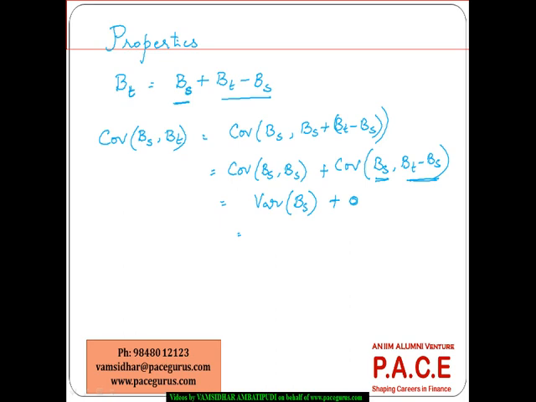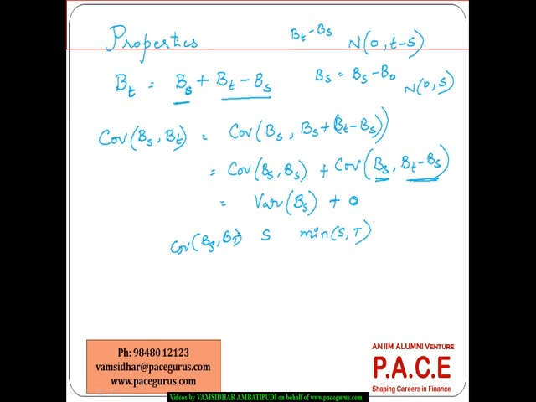We have seen that Bt minus Bs follows a normal distribution with mean 0 and variance T minus S. By the same logic, Bs minus B0 will follow a normal distribution with mean 0 and variance equal to S. So this comes out to S. In a way, the covariance between Bs and Bt works out as the minimum of S comma T. Because if S is the previous period, we get the covariance as S; otherwise, the covariance works out to T. So this is one important property: the covariance between Bs and Bt is always the minimum of S and T, which is purely a factor of time.